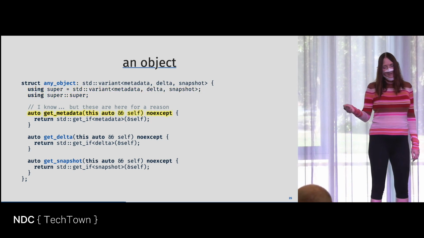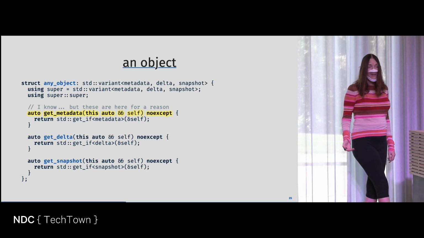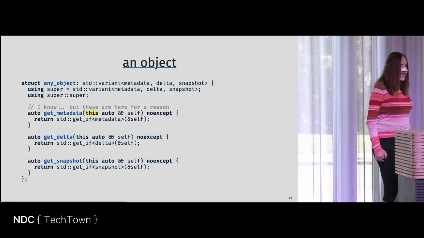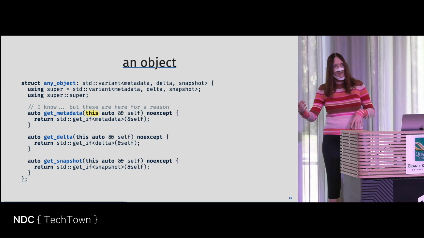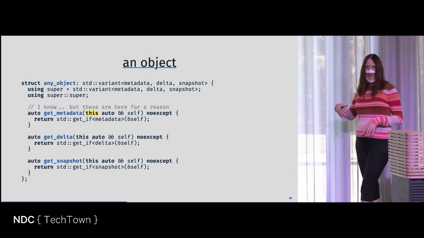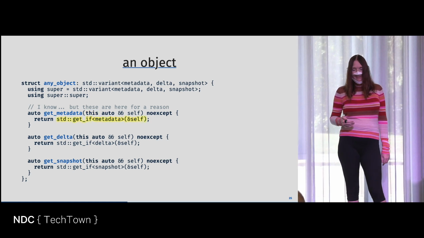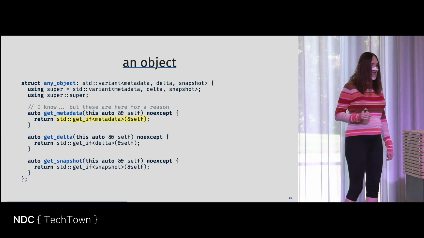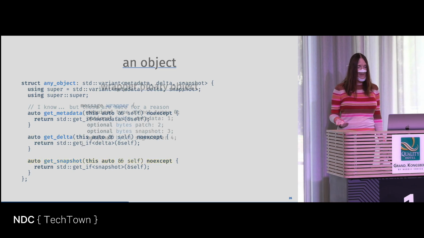Then I have a function getMetadata, which will give me metadata, if there is any, as a pointer. And because I don't want to write a const function and a non-const function, I can use deducing this, the explicit this argument, which is a C++23 feature. It's cute. And the same thing for delta, the same thing for snapshot.